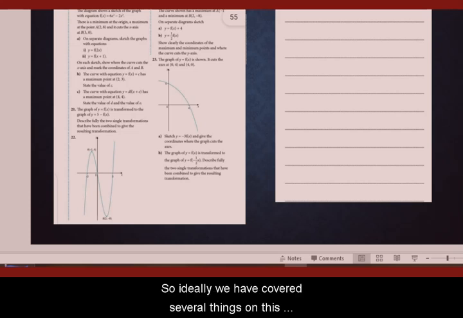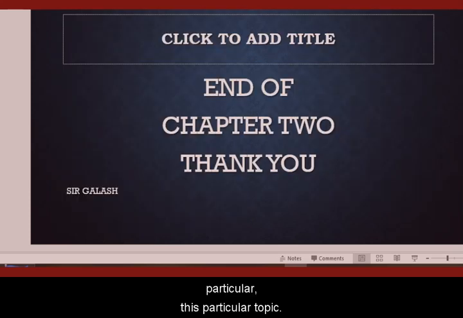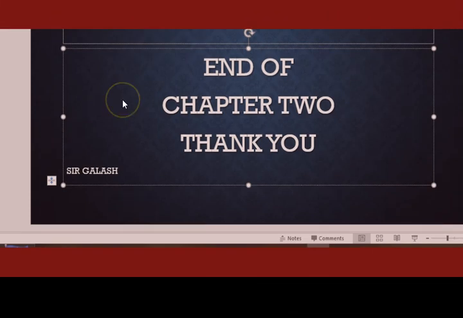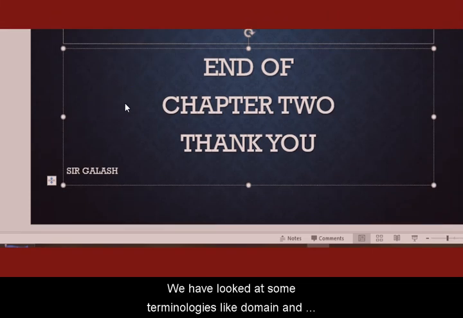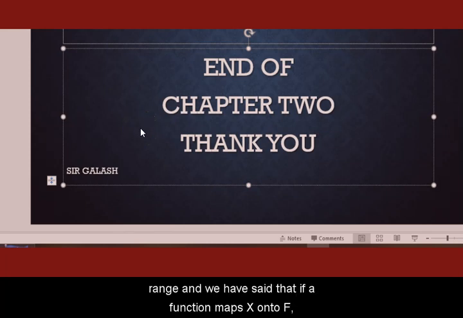So ideally, we have covered several things on this particular topic. We have looked at some terminologies like domain and range, and we have said that if a function maps x onto f(x), then the value of x is the domain of the function, and the corresponding values of f(x) will be the range of that function.